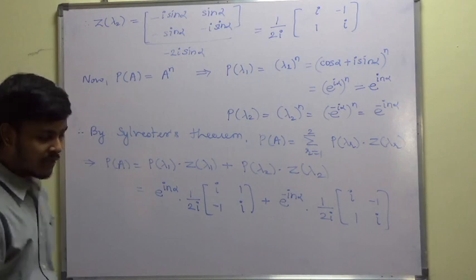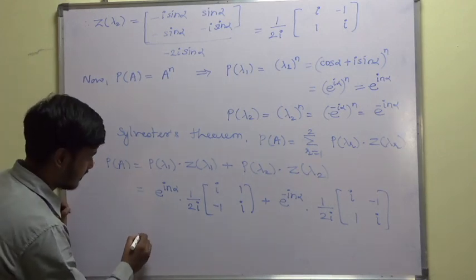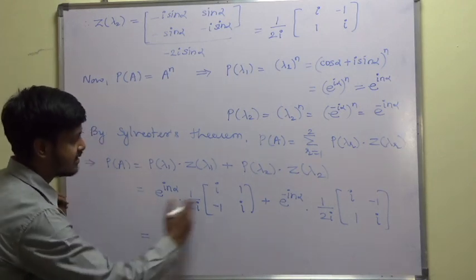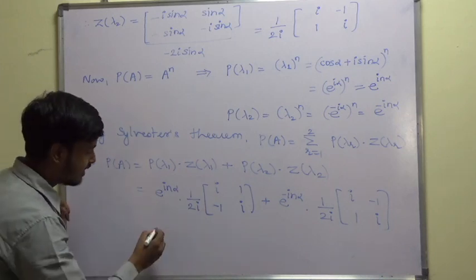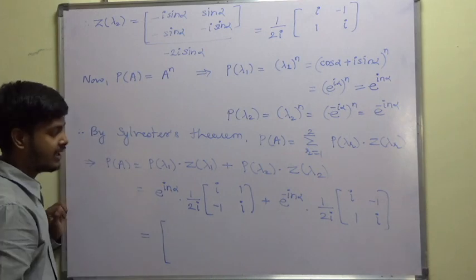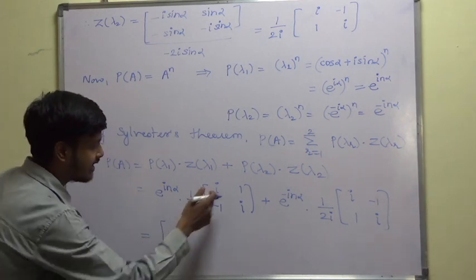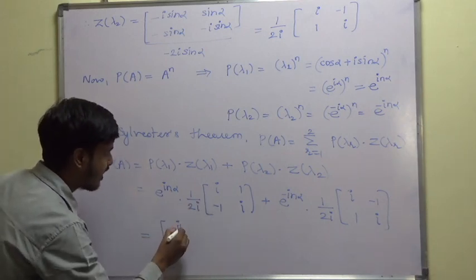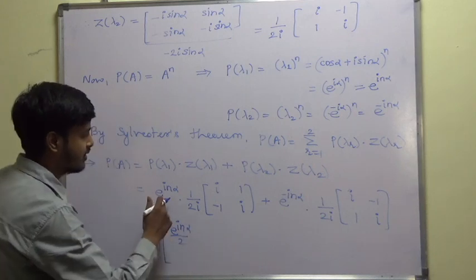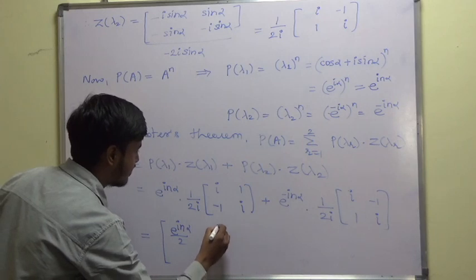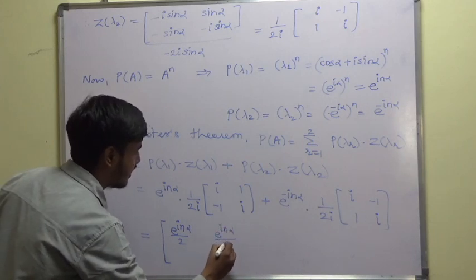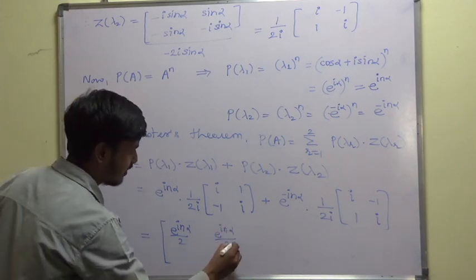Okay. So what you can do is just stick it inside, and when you take it inside, you will be getting a matrix like this: e to the power i n alpha by 2, the i gets cancelled. Then here e to the power i n alpha by 2i, is it?